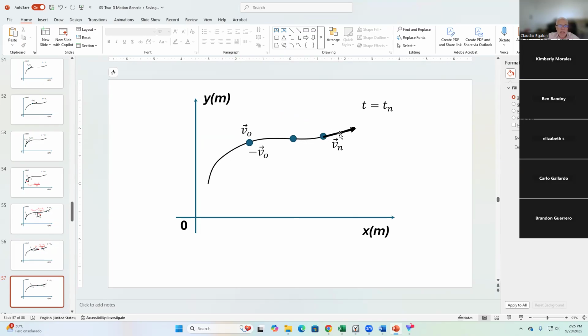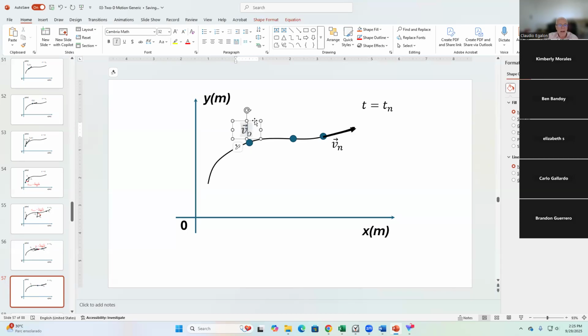Because we are having a change in the concavity of the path, what does it mean? It means that the acceleration vector is changing direction as well. So at this very point where there is a change in the concavity of the path, the acceleration vector is going to be very close to zero. Okay? I'm going to take it out.